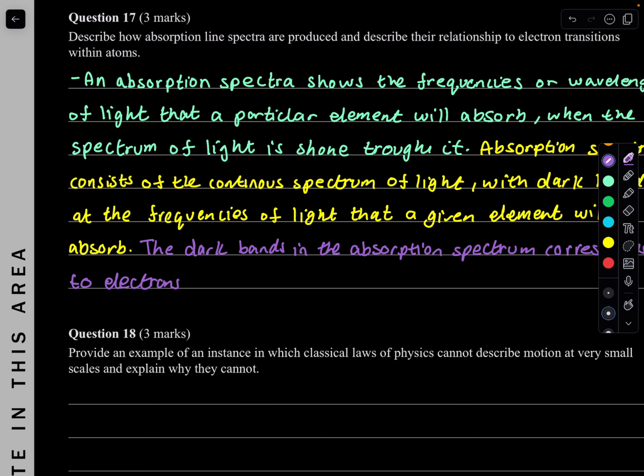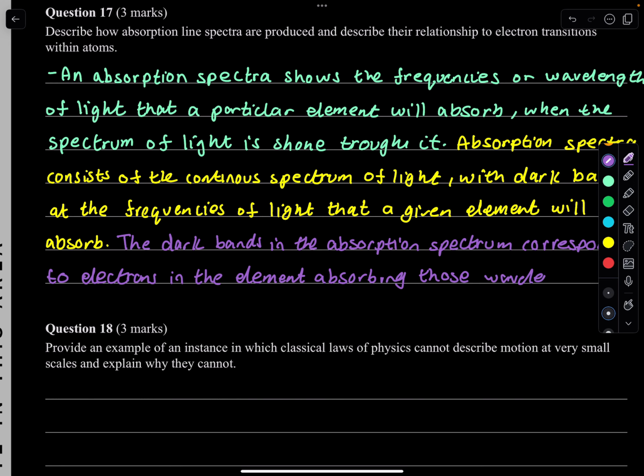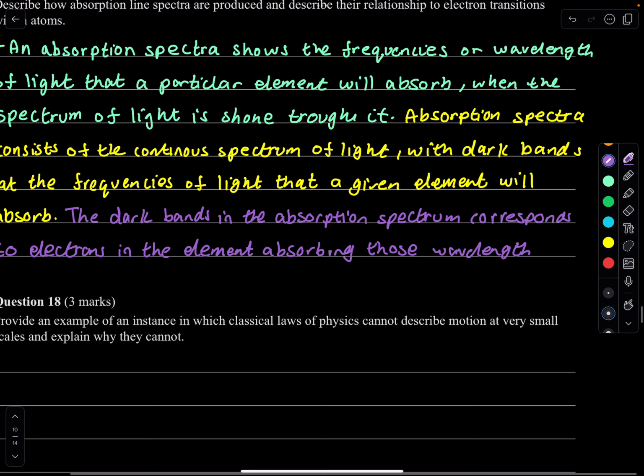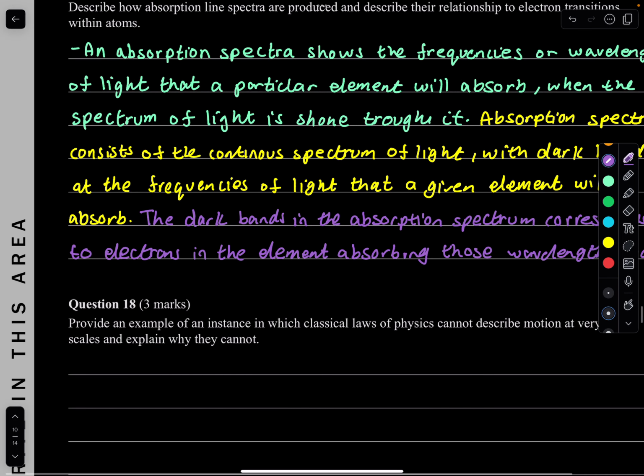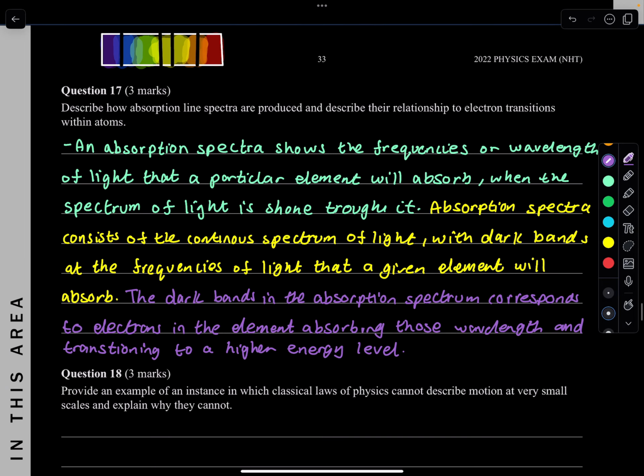So corresponds to electrons in the element absorbing those wavelengths and transitioning to a higher energy level. That's it. I think that goes in very detail.